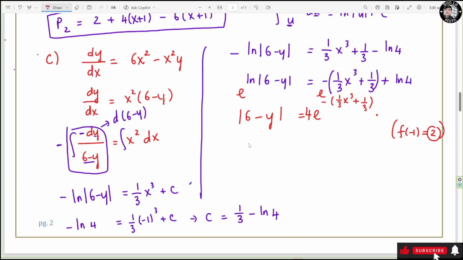So I have 6 minus y equals 4 times e to the negative of 1/3 s cubed plus 1/3. So then y equals 6 minus 4 times e to the negative of 1/3 s cubed plus 1/3.